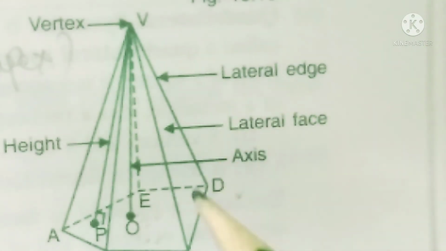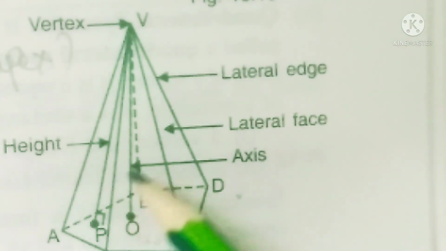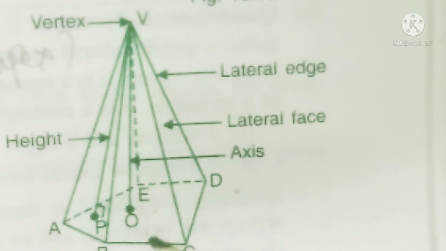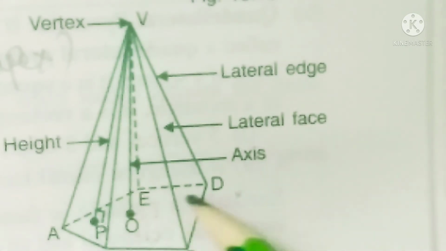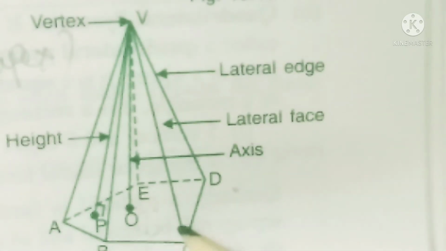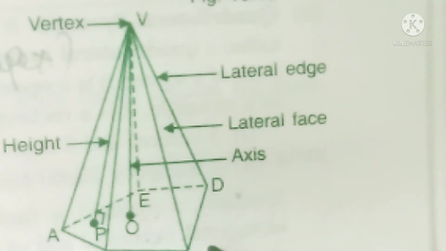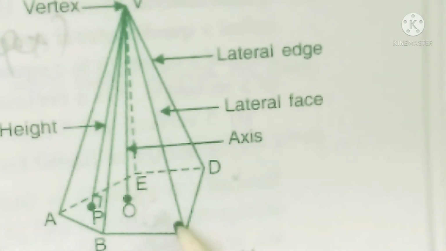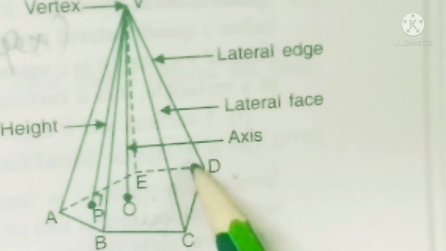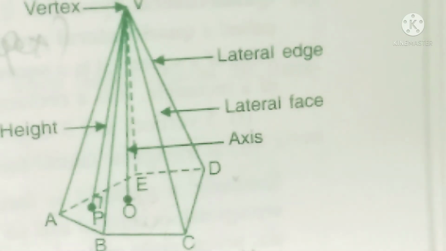Okay. Just like we discussed about prism, if the base and the lateral edge make an angle of 90 degrees, then they are called right pyramids, otherwise they are called oblique pyramids. So, here it is an oblique pyramid. See, this angle is not 90 degrees, this is also not 90 degrees.